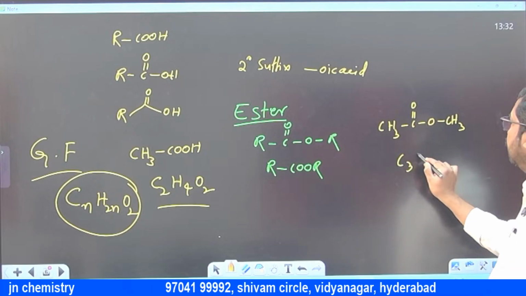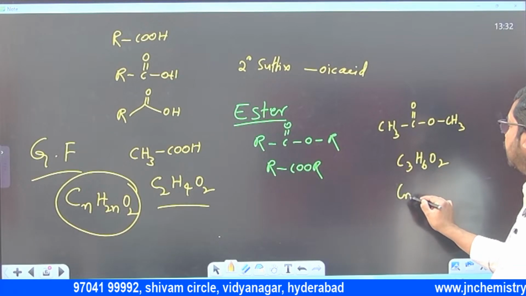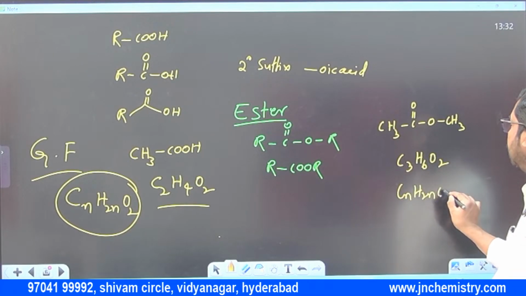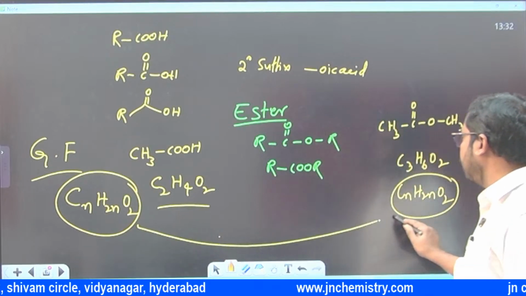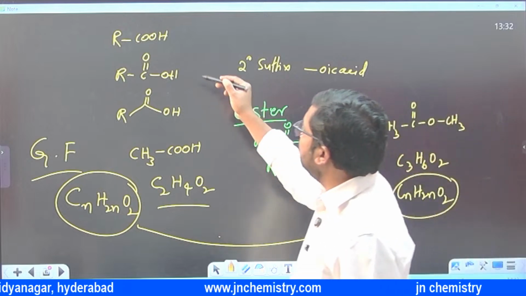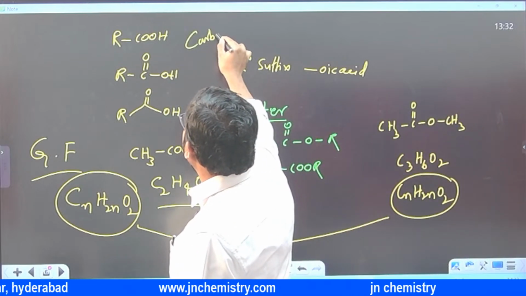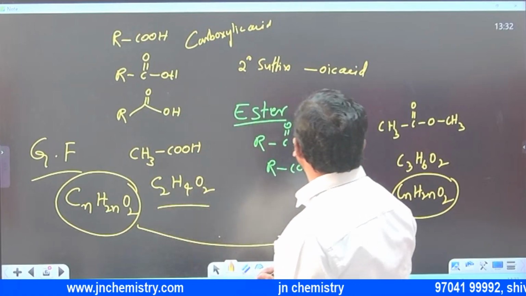C3H6O2, but CnH2nO2, CnH2nO2. Both have the same molecular formula, carboxylic acids and esters have the same formula.